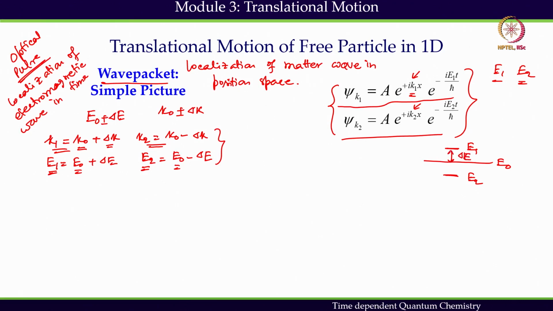With respect to a certain average value, we are presenting it. So, if we plug that in here, then the actual wave packet is a superposition of those two functions, represented by a linear combination of these two wave functions. We will look at this linear combination of wave functions in the next session.